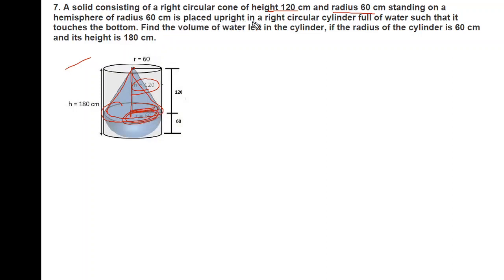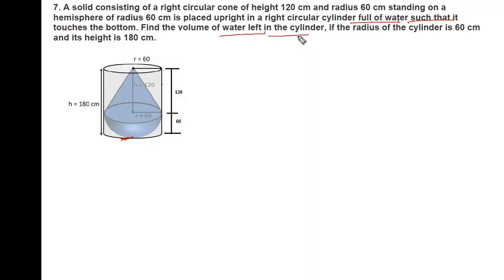is placed upright on a circular cylinder. So this total solid is placed upright on a cylinder. Here you can see the cylinder also full of water. So this cylinder is also full of water such that it touches the bottom. So it is touching the bottom. Find the volume of the water left in this cylinder.